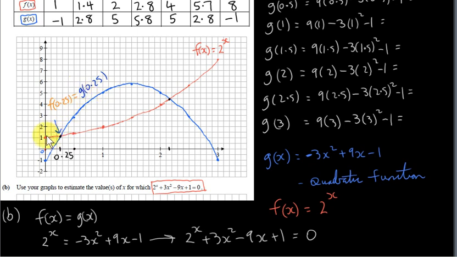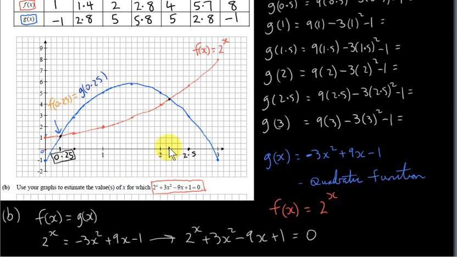Okay, the y value of this point, if we go across here, it looks like it's about 1, a little bit more than 1. But anyway, we're interested in the x value such that f of x equals g of x. And we have another x value over here. Well, we can see that we have 2.5 here, and each of these tiny squares is 0.1.